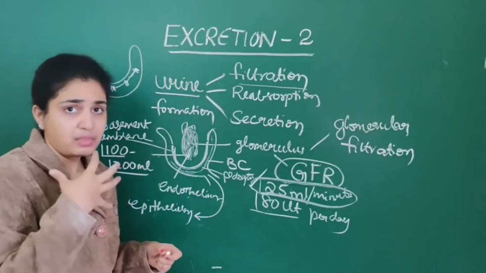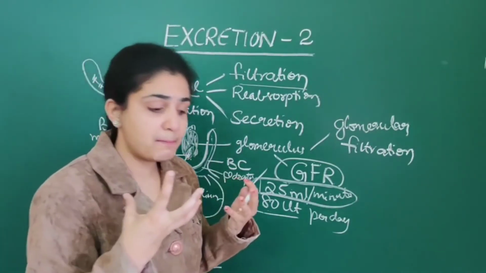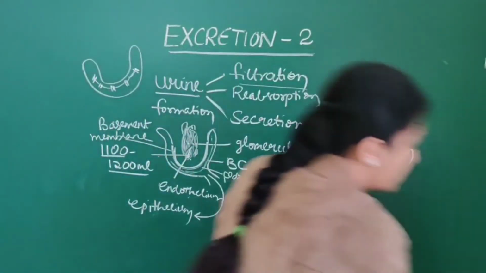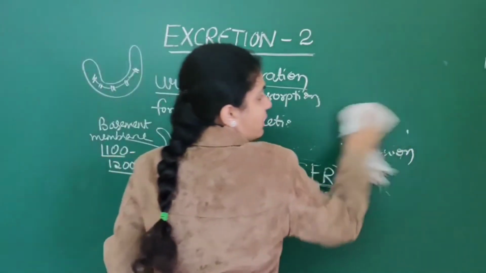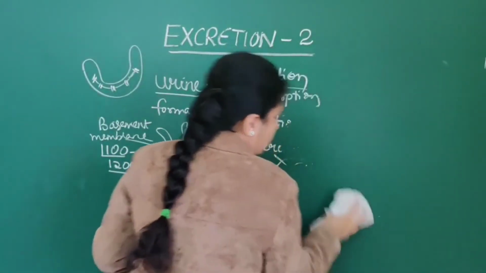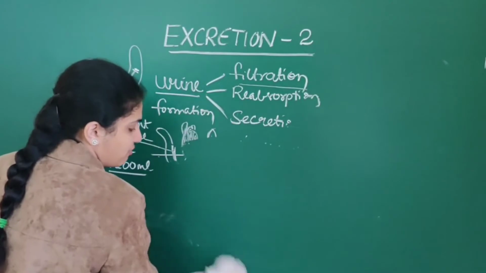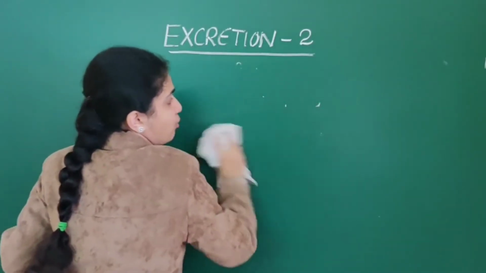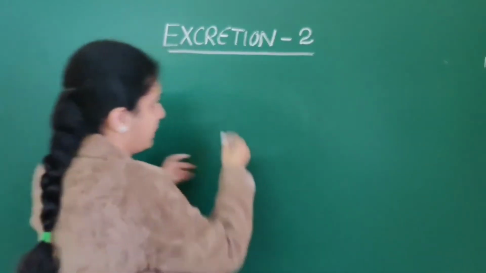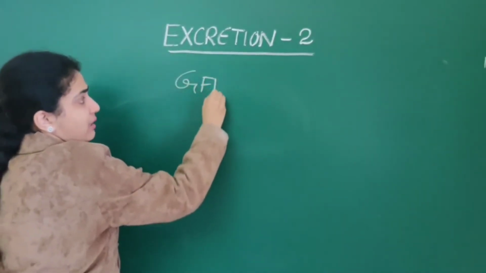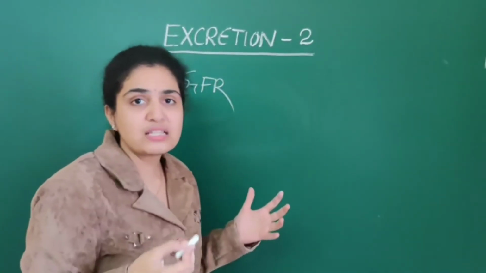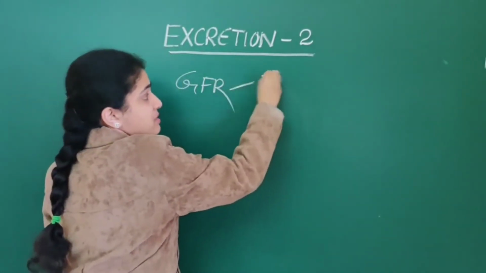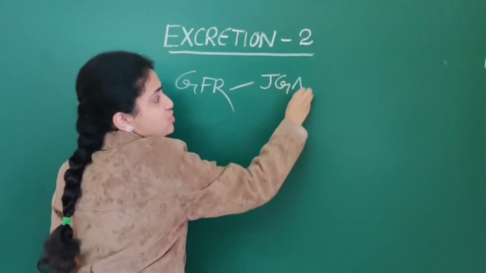Next, what is the main apparatus which plays a very important role in GFR? See, this glomerular filtration rate should be regulated by some process. That process is called the JGA apparatus.